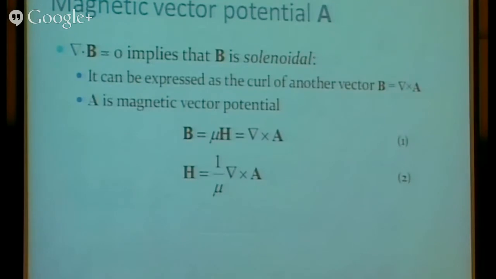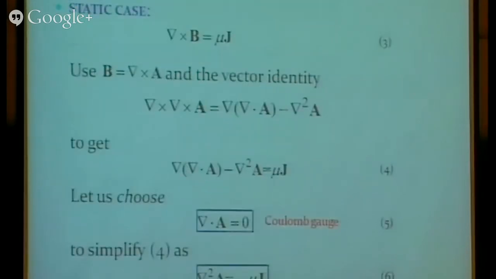B is mu H, this curl of A. And obviously, I can write H as 1 by mu times this. Now, we look at the static case, where the field is not time varying, and curl of H is J. What equation is this? Ampere's law, without the time varying factor, dou D by dou t.